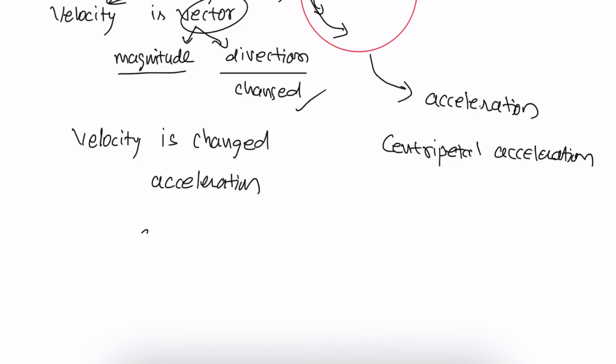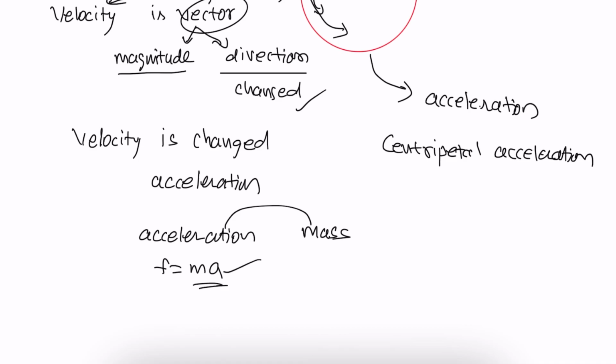When there is acceleration, the body has mass, so with mass and acceleration, definitely there is a force, because F is equal to ma. So there is centripetal force there. So here centripetal force acts on the body. So here force exists on the body. So this is the answer.